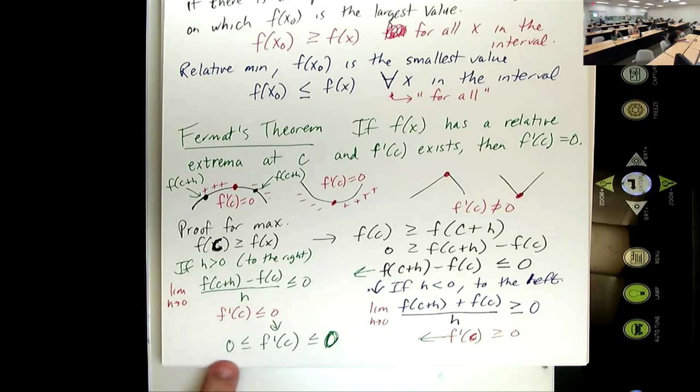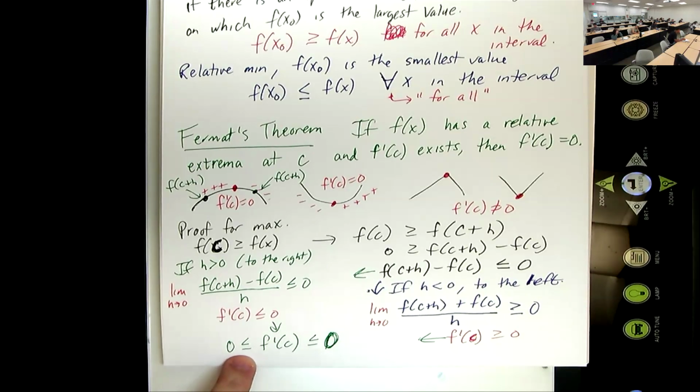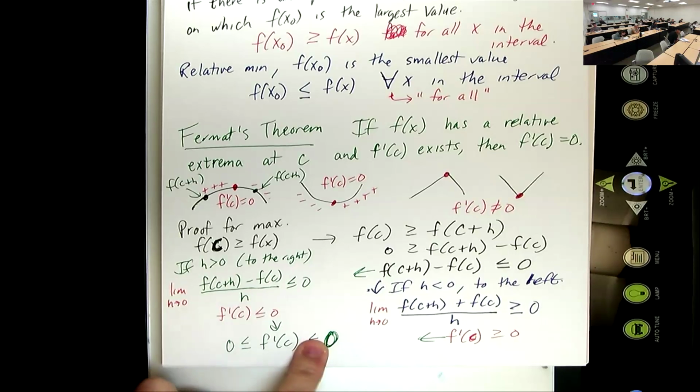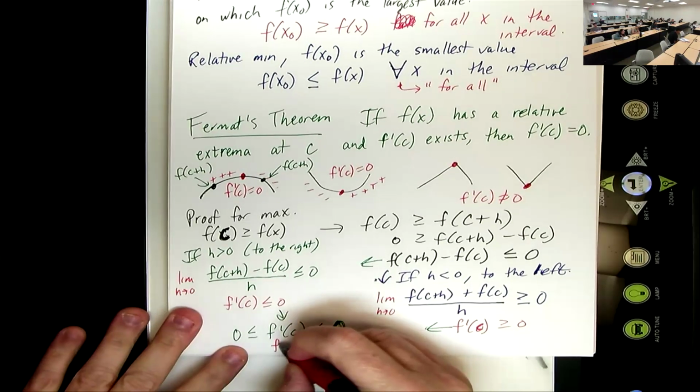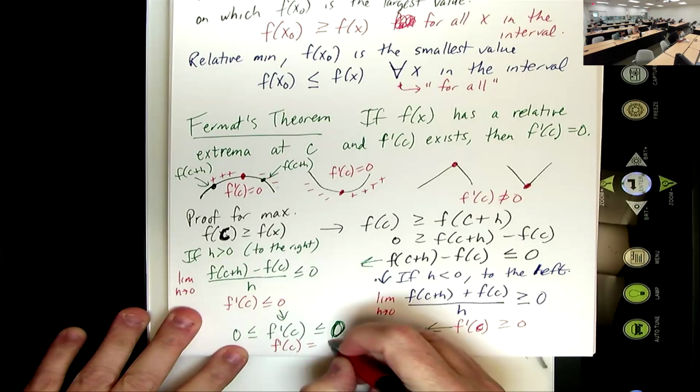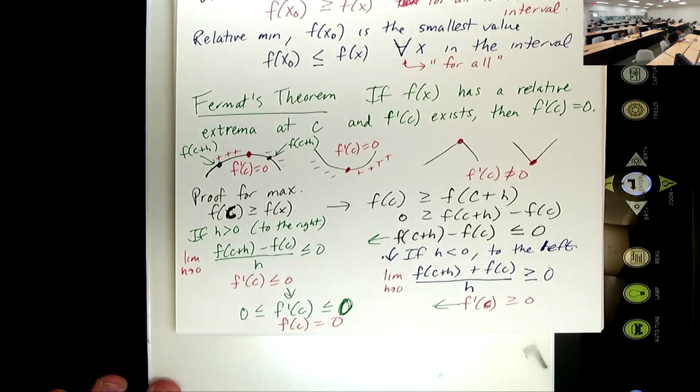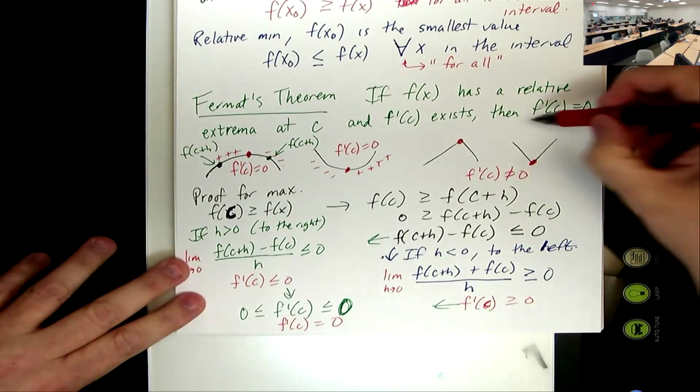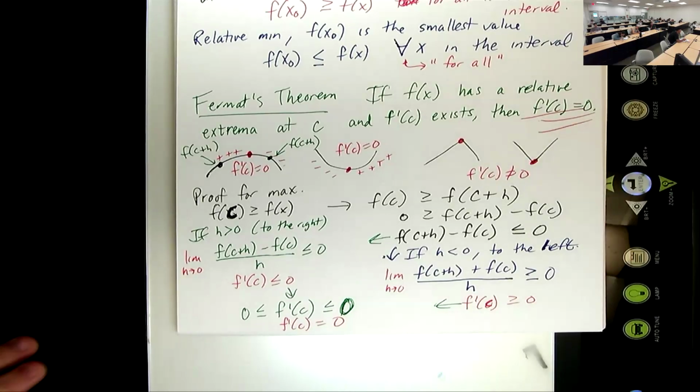It's got to be greater than or equal to 0, and it has to be less than or equal to 0. The only way this happens is we're squeezing in on it. This is the squeeze theorem. The only way that happens is f prime of c equals 0, and that's what we were trying to show. f prime of c equals 0, where at this point the inequality symbols aren't really doing anything.